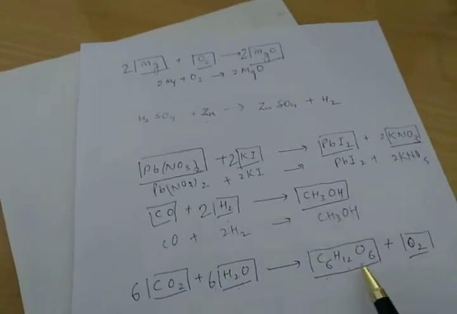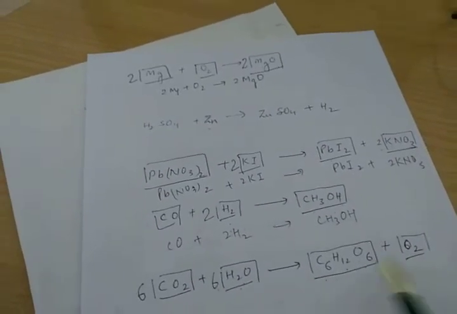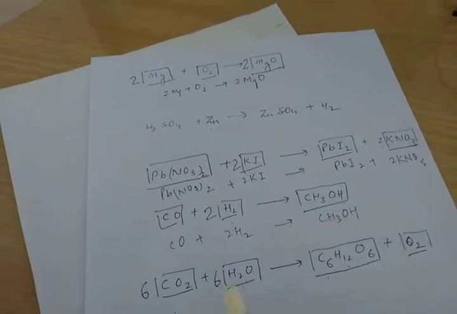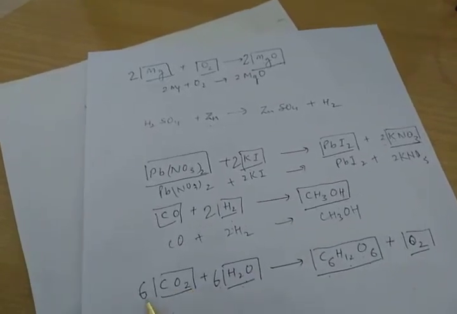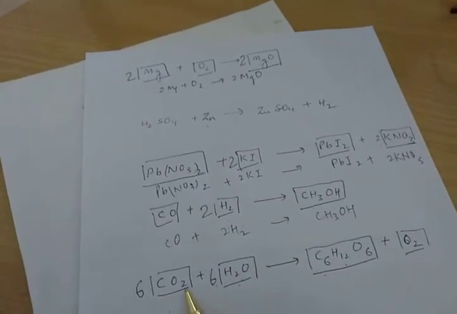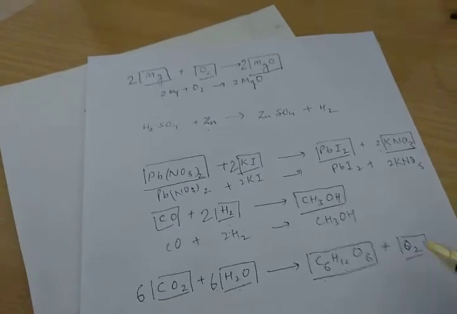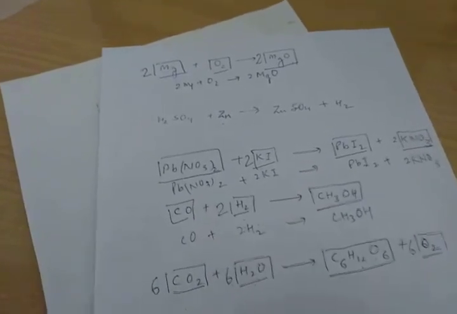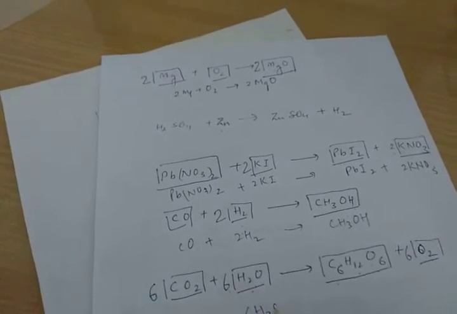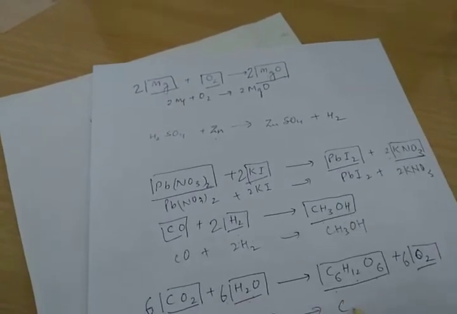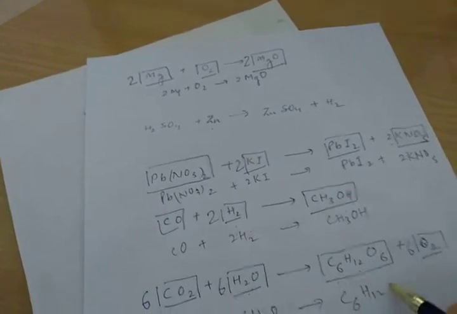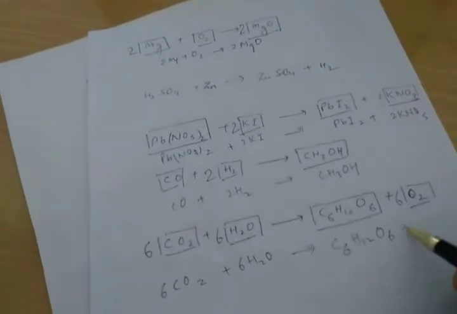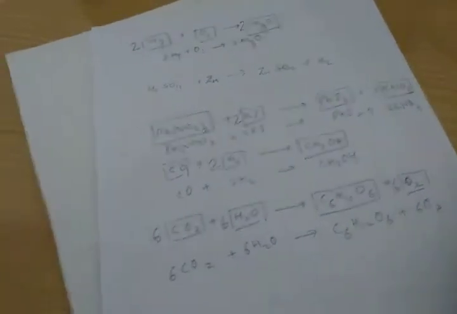Now oxygen: 6 oxygen here, 6 oxygen here. Now this 6 O2, so 6 2s are 12. So this O2 is multiplied by 6. Now the reaction is balanced. 6 CO2 plus 6 H2O changes into C6H12O6 plus 6 O2.